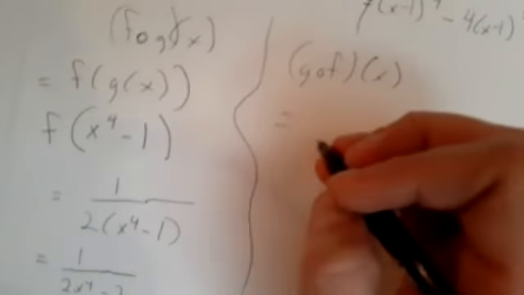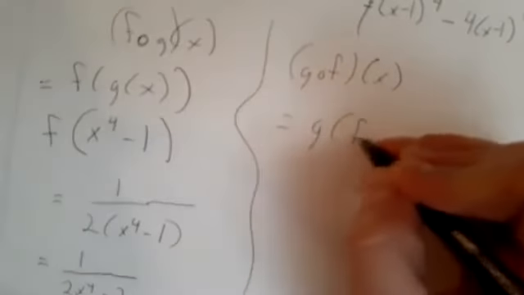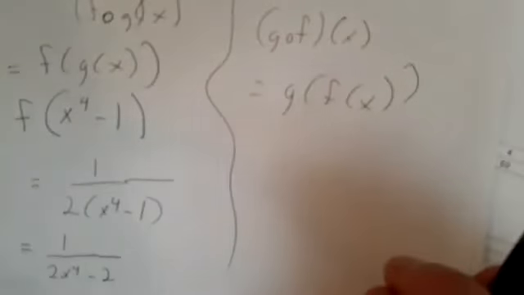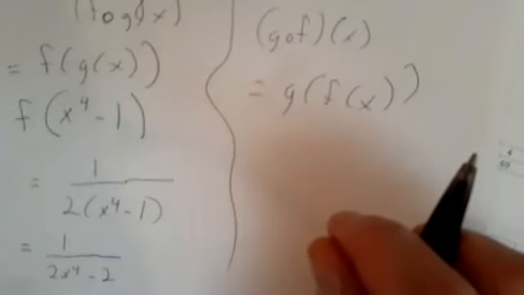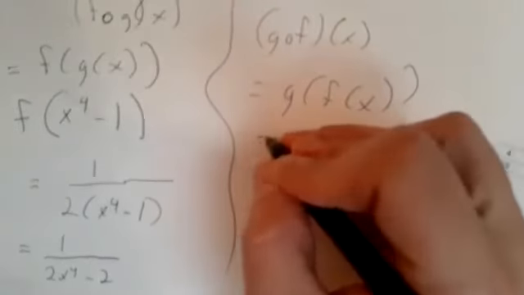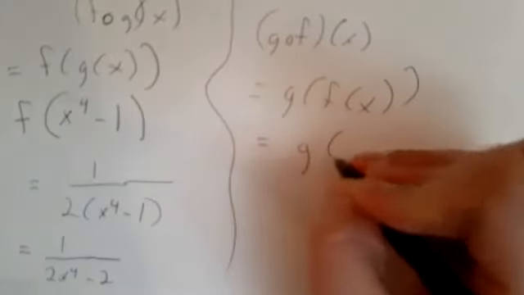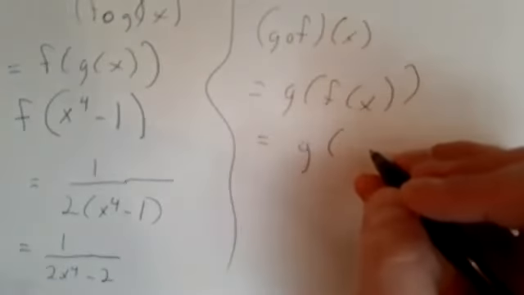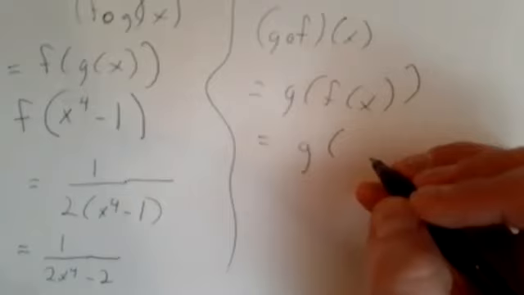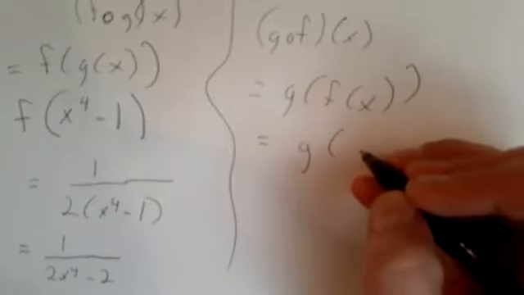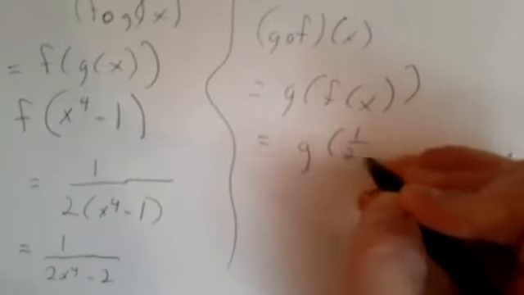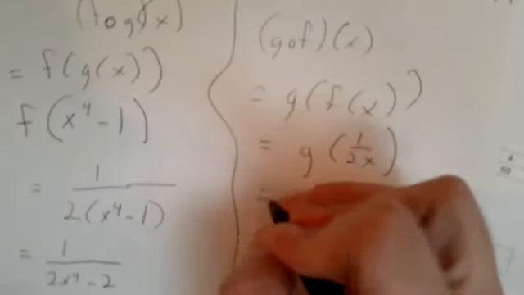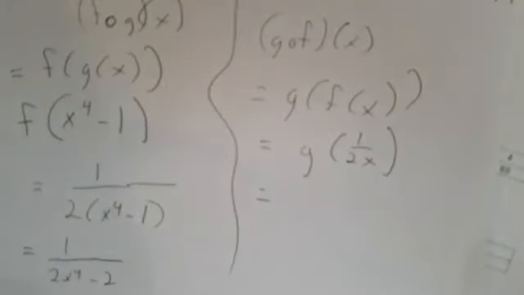And so g of f of x is g of f of x, and if you look inside out, the first thing I see in here is an f of x. So an f of x function looks like, did I do that? Yeah, 1 over 2x. Sorry, I was trying to make sure I did the previous one correctly. So 1 over 2x.